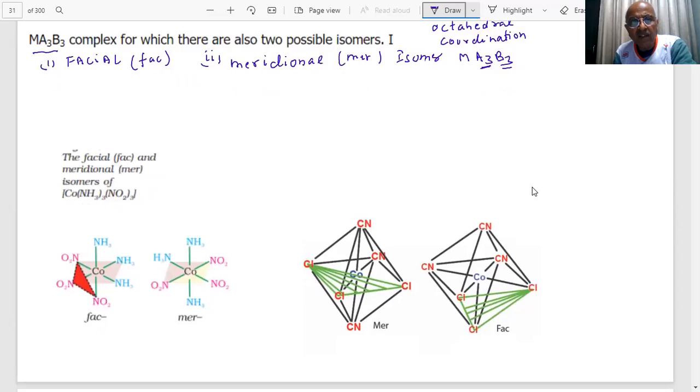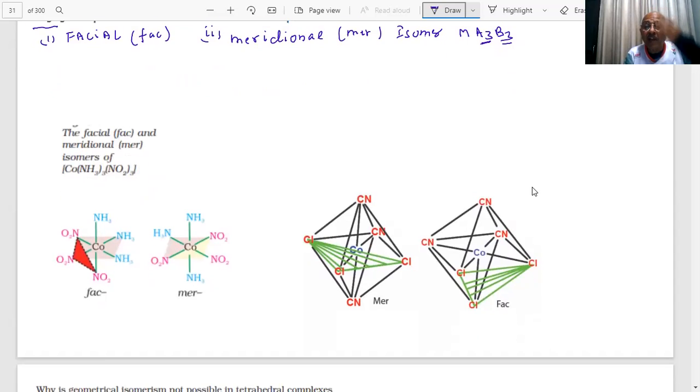Now, how will we write these isomers, students? Important. In the exam, they will ask you to draw the fac and mer isomers of such complexes. What I will do, for example, this is my metal. How does the octahedral look, students? This is the octahedral. If I put the three same groups like this, A, and put B, B here, what can you see?